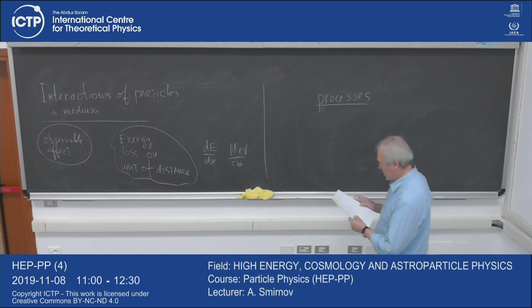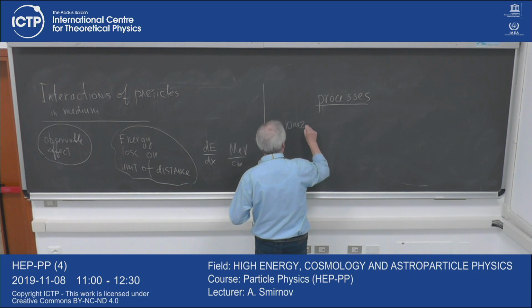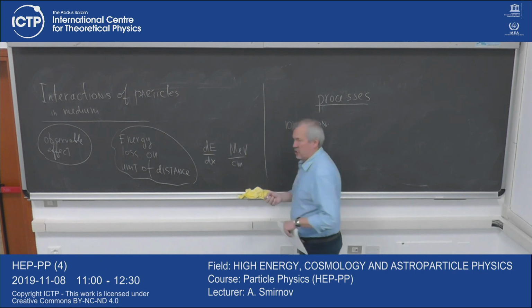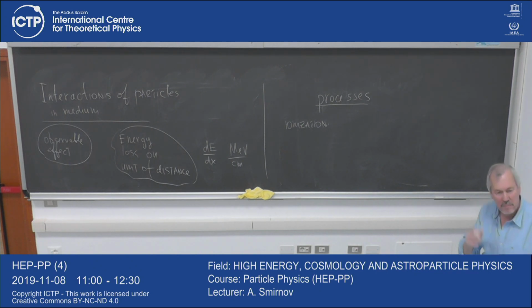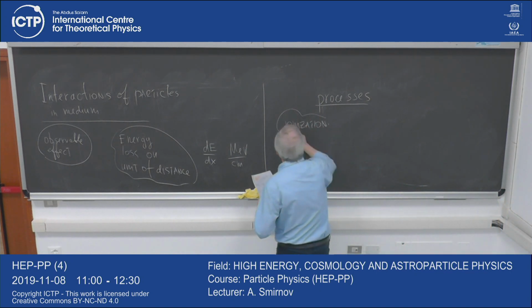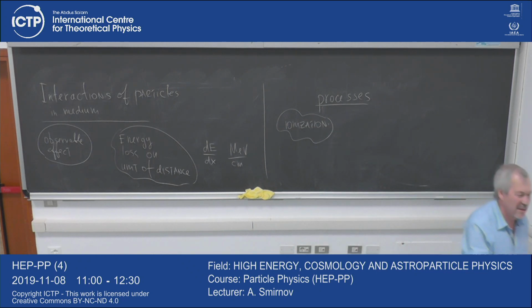So one of the processes is ionization, of course, if it is a charged particle. So if it is a proton or electron, yes, they will ionize. What else? Neutron capture. Well, they can be captured, yes. But then they will not produce tracks, they just get captured and disappear.